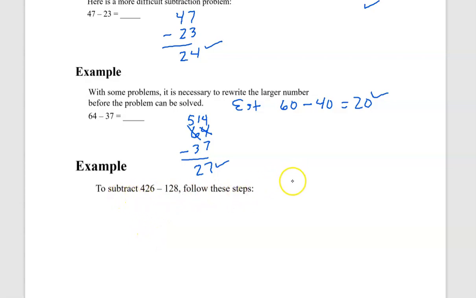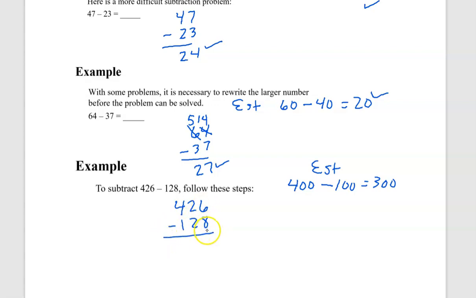Subtract 426, I'm going to call that 400 because it's closer to 400 than 500. Minus 128, we'll call that 100 because it's closer to 100 than it is to 200. So my estimate's going to be 300. Let's line this up. Can you do 6 minus 8? No. So you're going to have to borrow from the 2.